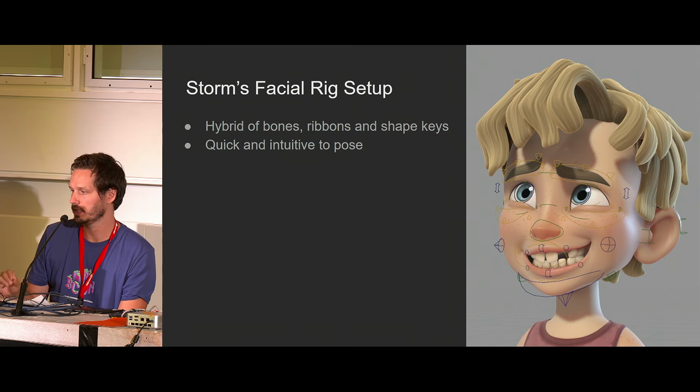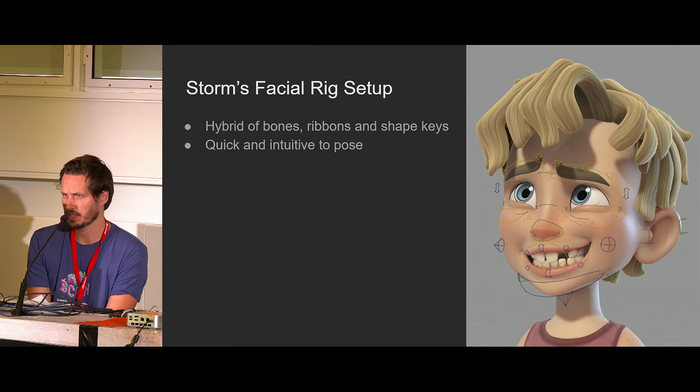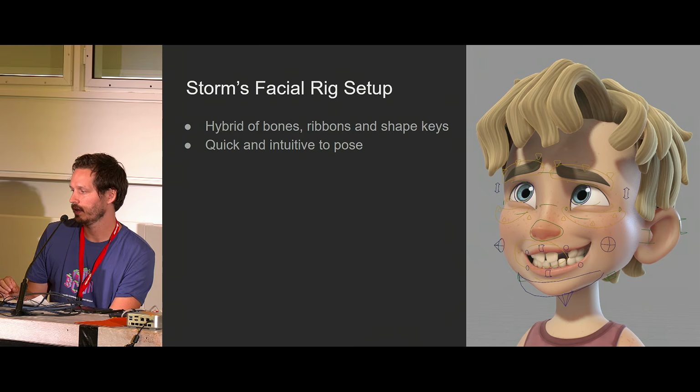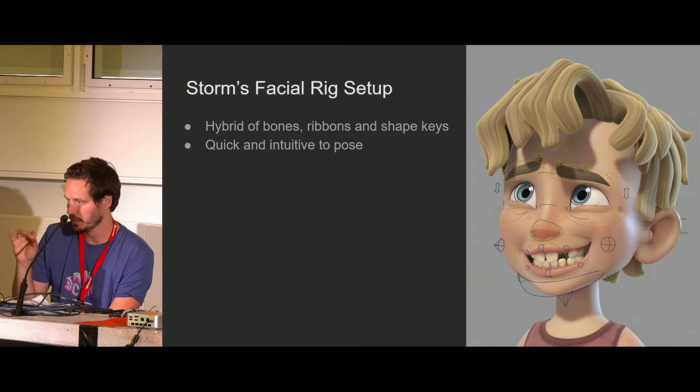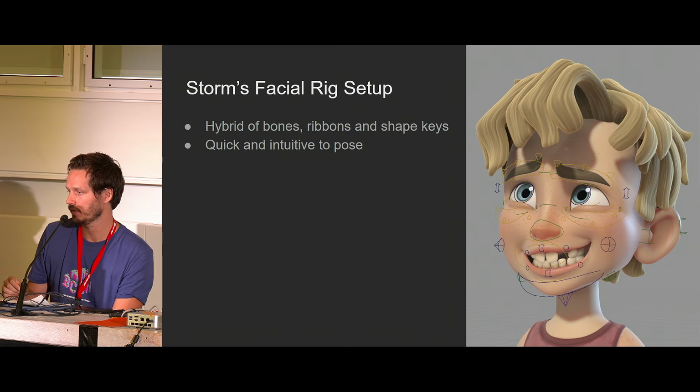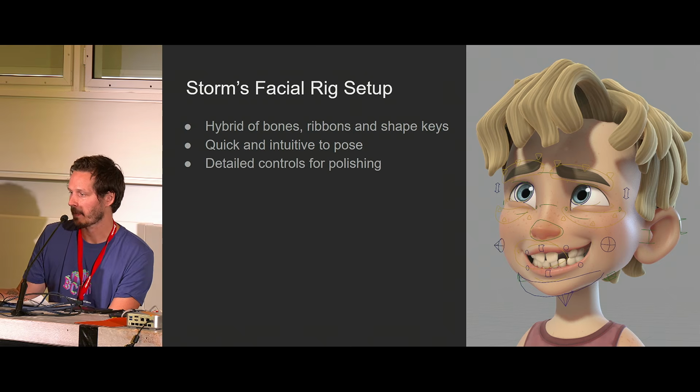I wanted it to be quick and intuitive to pose, especially for stylized character animation. Design and staying on model is very important. And the less time I have to spend on tweaking a pose, I can spend way more time actually thinking about motion and thinking about the performance itself. But next to that, also have the detailed controls for polishing.